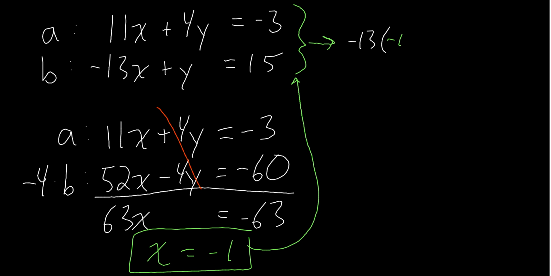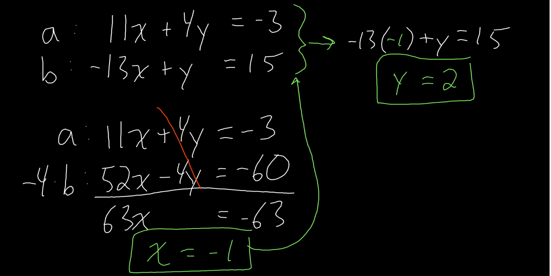Negative 1 plus y is equal to 15. Well, negative 13 times a negative 1 is a positive 13. And if I subtract 13 from both sides, I end up with y is equal to 2. That's my second one.